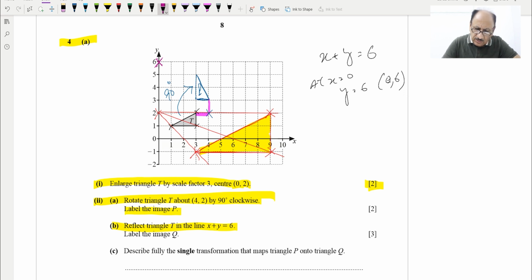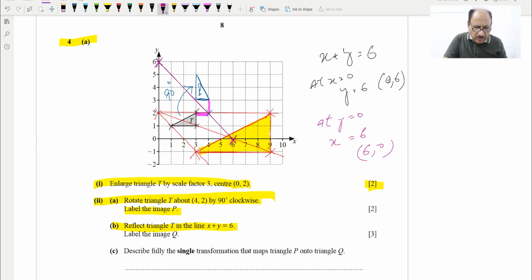Then at y equal to 0, x will be equal to 6. So our point will be (6, 0), which is this point over here, and we can draw the line over here.